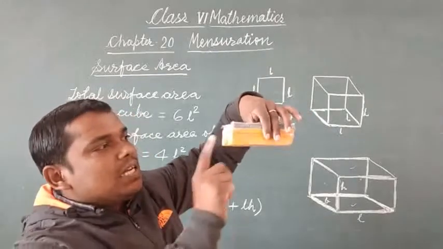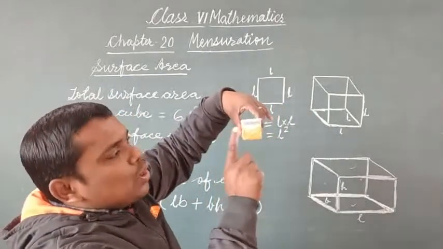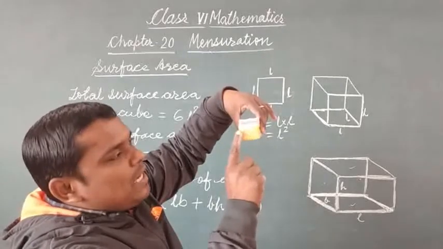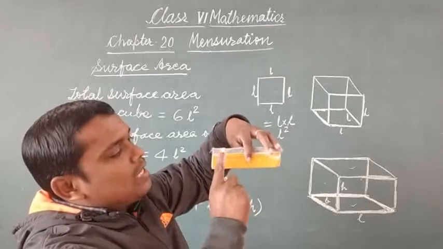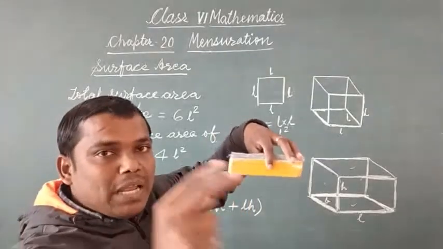And in this case, the surface area for this is B into H, and here also B into H. So 2 times BH, and surface area for this is 2 times LH.